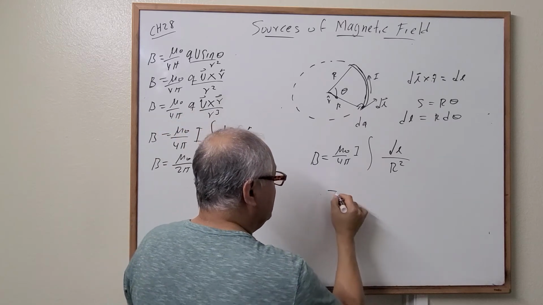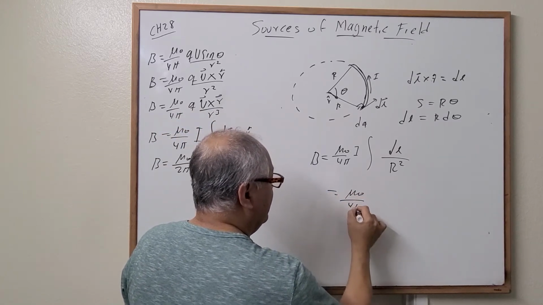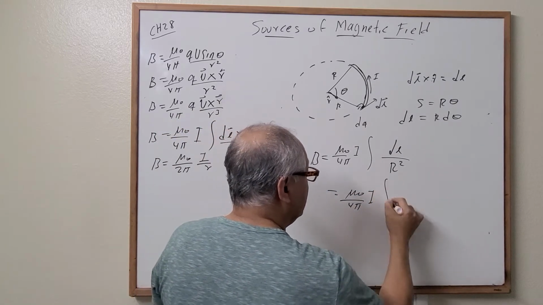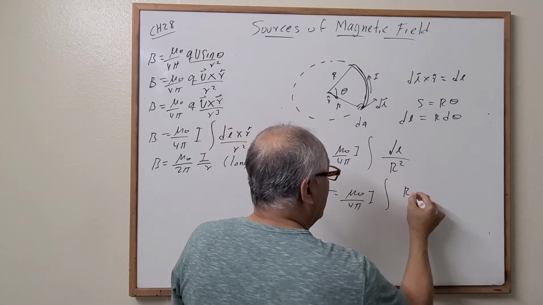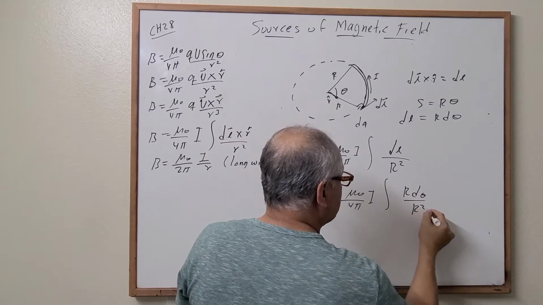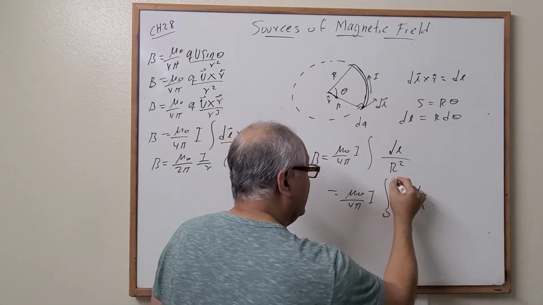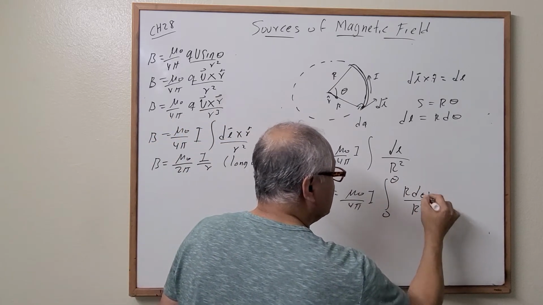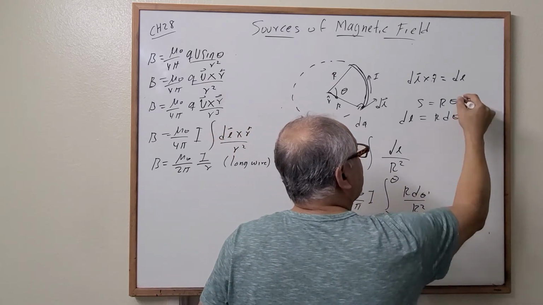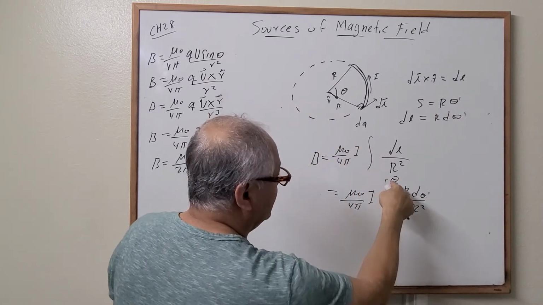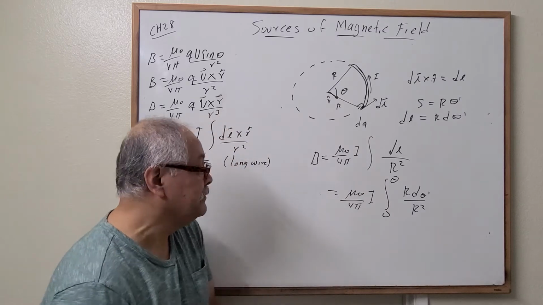And then what do we have? This equals mu naught over 4 pi times the current times the integral of r d theta over r squared. Now the angle goes from 0 to theta. We can call this theta prime, just to differentiate it from this quantity from the integral.